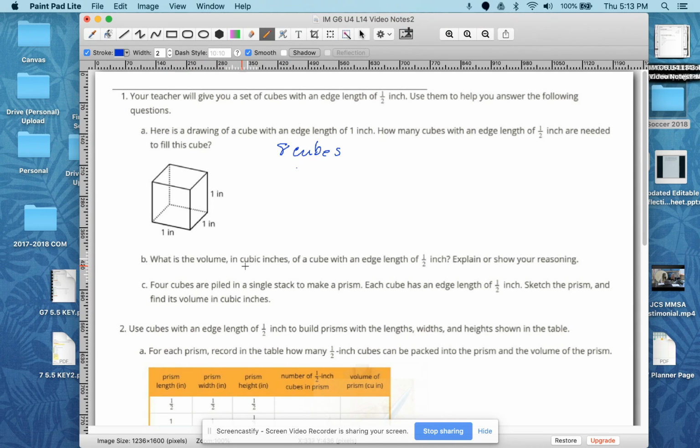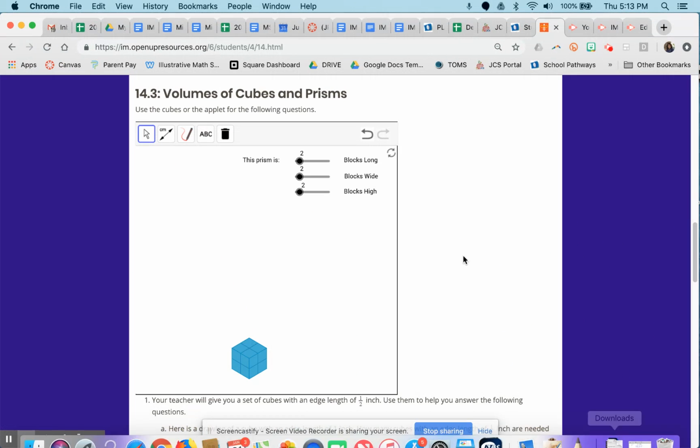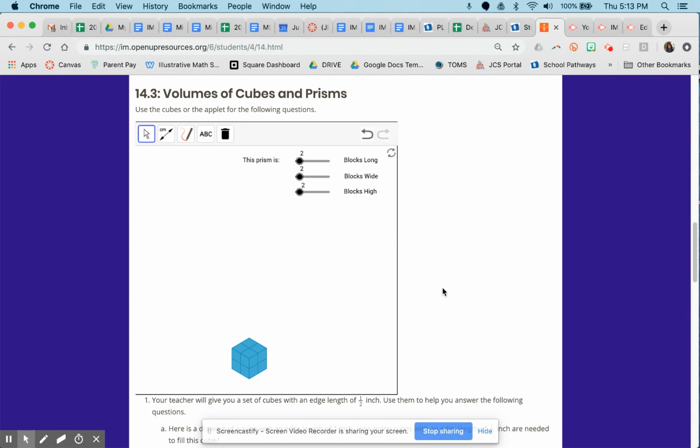Now they're saying, what is the volume in cubic inches of a cube with a length of 1/2 inch? And they want us to explain or show the reasoning. Well, let me open up this applet again. Right here, we have a 1 inch cube. It's 1 by 1 by 1.